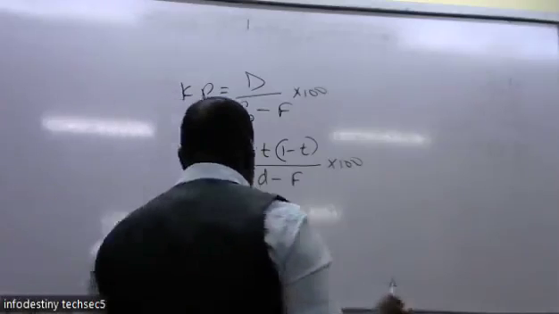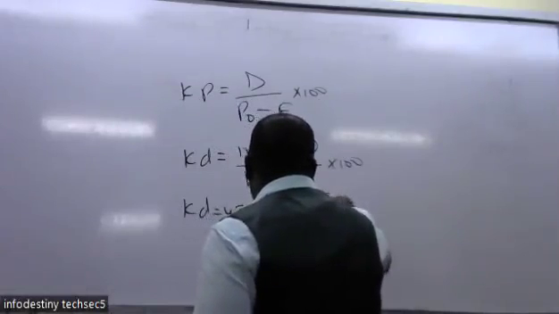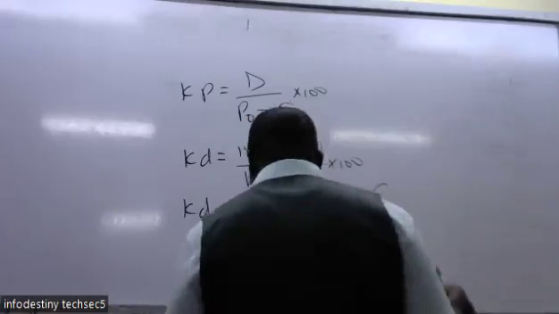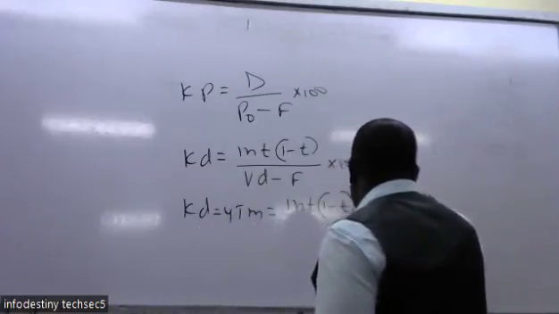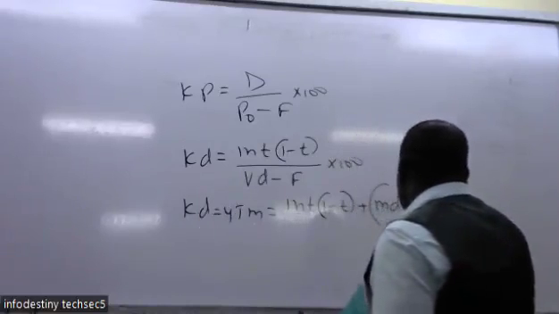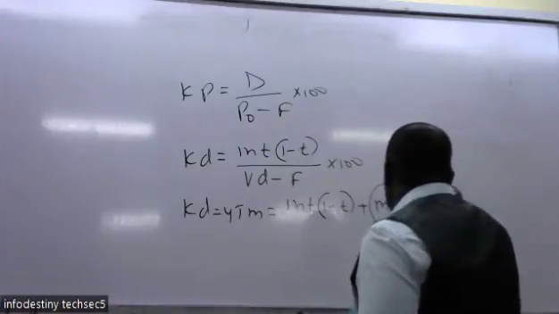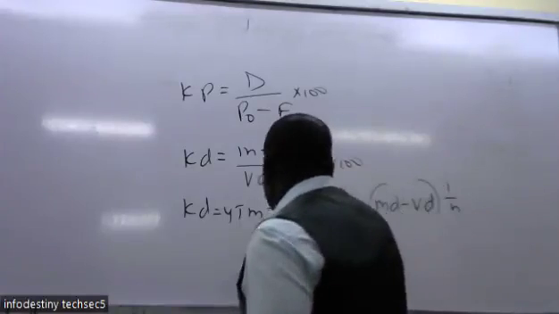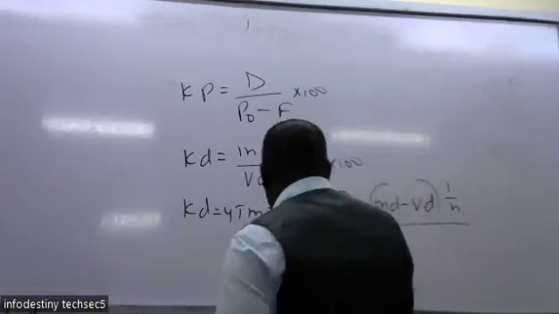It will be given by interest, then also 1 minus the tax rate. Then we add in brackets the maturity value of the debenture minus the current value of the debenture, times 1/n.